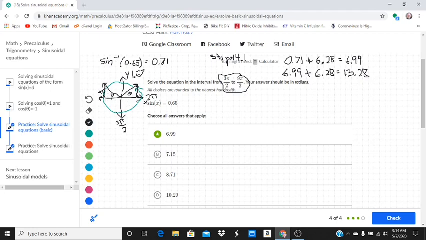So to figure out what that value is, we have to take this 0.71 and subtract it from pi. So I'm going to take 3.14 and subtract 0.71. This isn't going to be one of our potential solutions because it's going to be less than 3 pi halves.